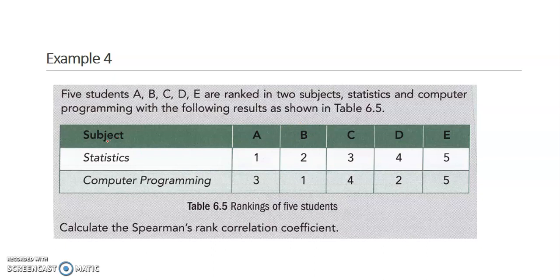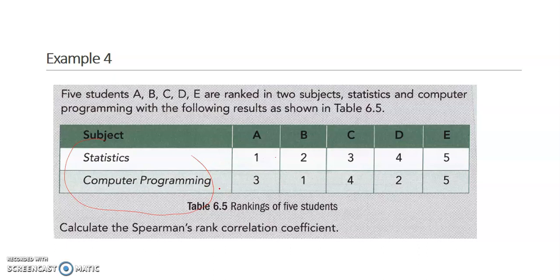Okay, so since this is a qualitative variable and the scale used here is ordinal scale, sebab ini adalah ranking untuk setiap student for both subjects. So this is ordinal scale here.